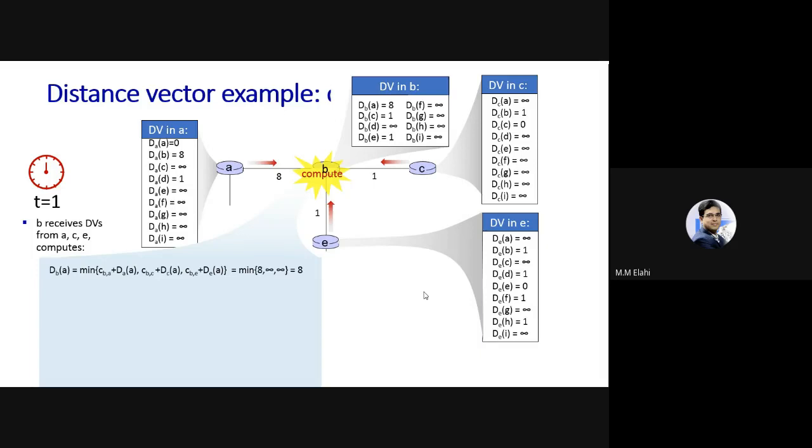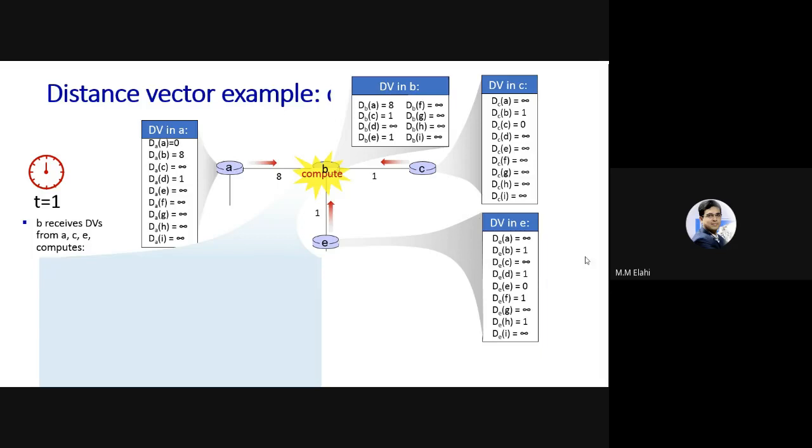The advertisement from E. See on the right side there is an advertisement, capital D of DV in C and then DV in E. So from DV in C it gets D C A, right? From DV in E. DV in E means actually the advertisement from E about its distance vector.